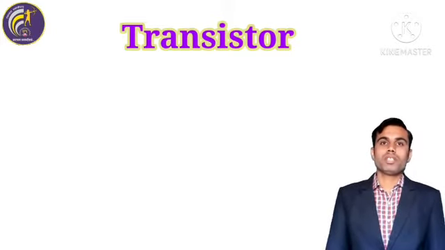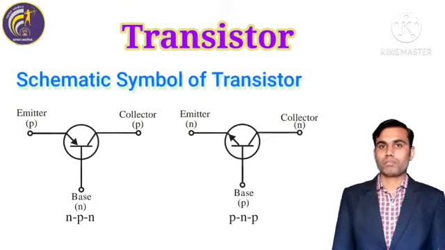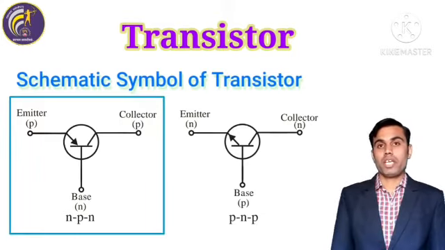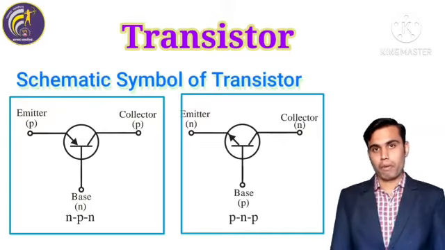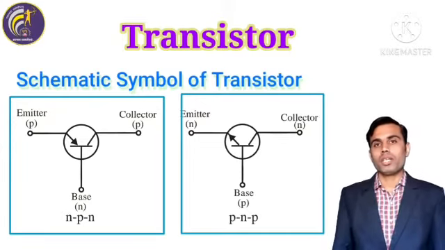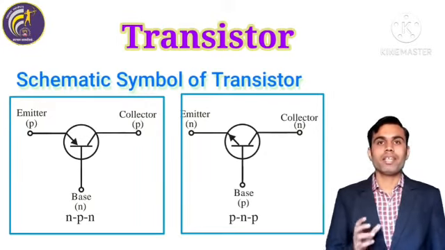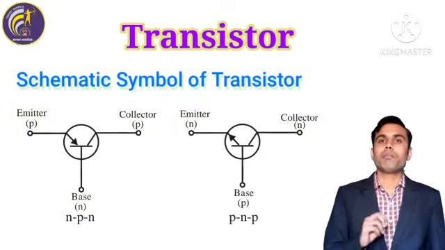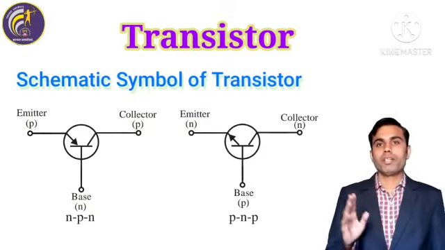Now if we see the schematic symbol of a transistor, there are two types of transistors: the NPN transistor and the PNP transistor. Here two N-type semiconductors are joined together by growing a thin layer of P-type material in between them, and this forms an NPN transistor.